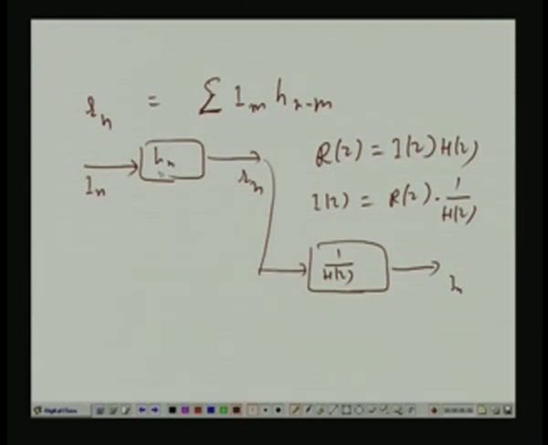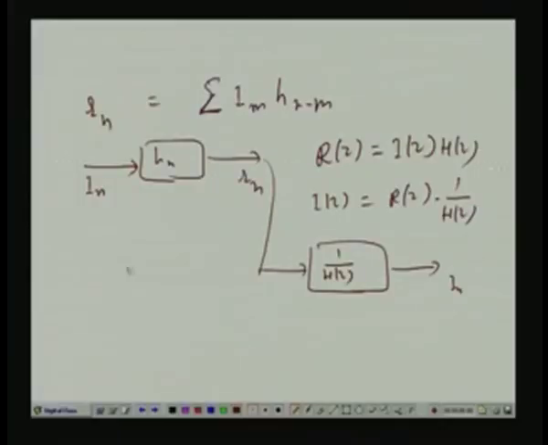So, in general some of the zeros can be within the unit circle and some outside the unit circle. So, 1 by H(z) is a filter where the zeros of H(z) become poles. Some poles are within the unit circle and some are outside. So, it is a stable but non causal system.